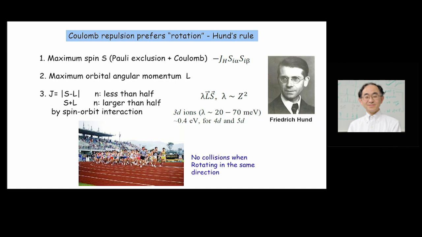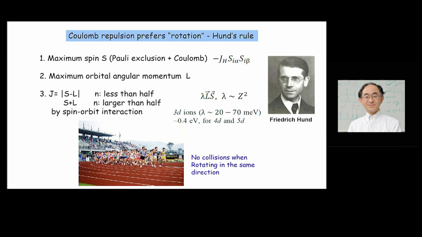Usually in the textbook, it is not well explained, but my understanding is the following. If you have a track in the stadium, and the runners are running in the same direction, clockwise or counterclockwise, then you don't have collisions.